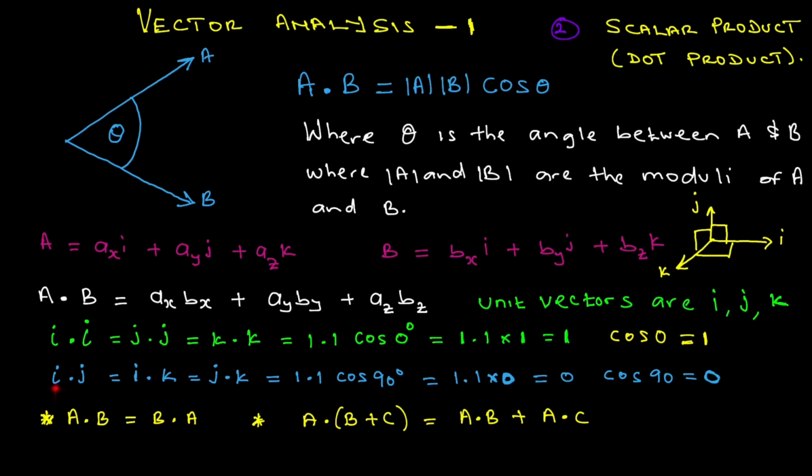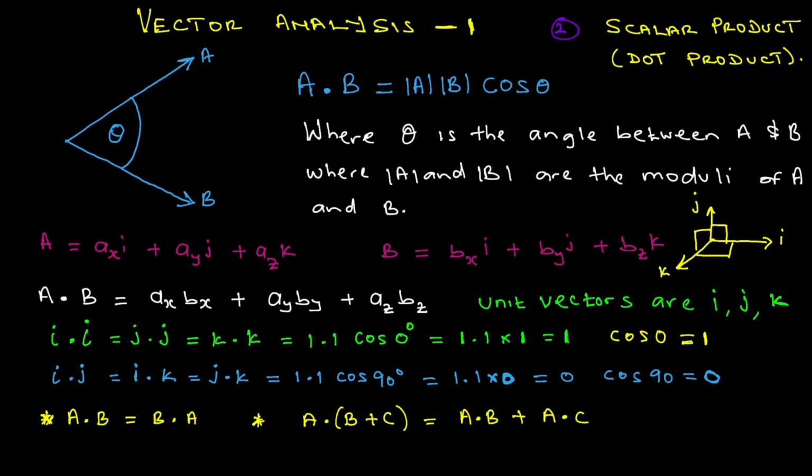But if you multiply i and j, which means AXi times BYj, you have to do AX times BY, and then i times j.